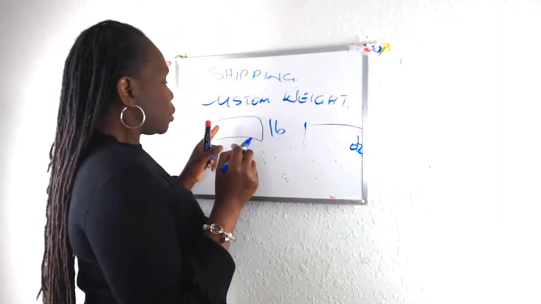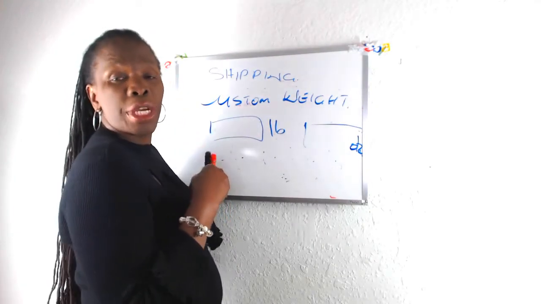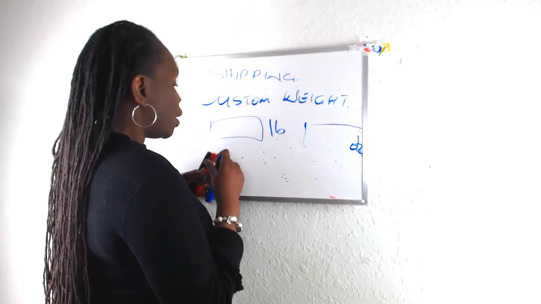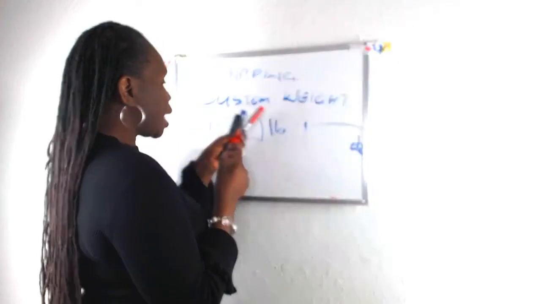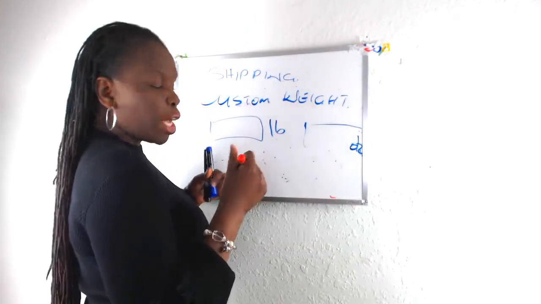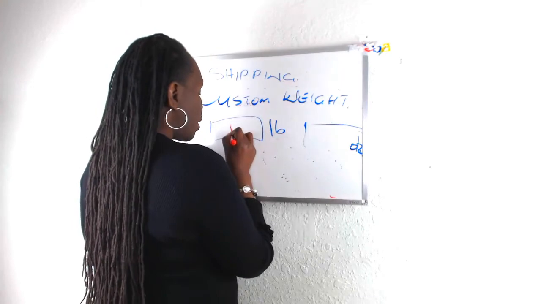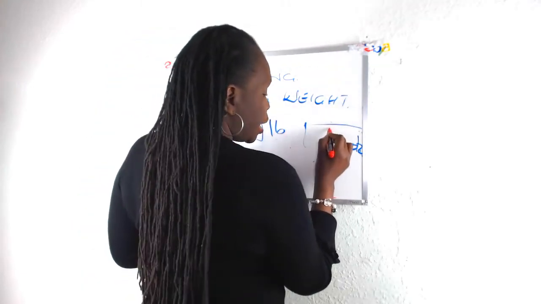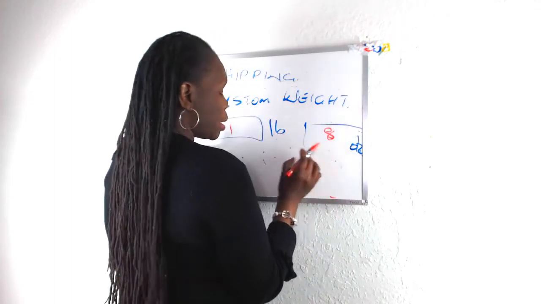As time goes on, you're going to get the hang of this. If it says custom weight, you put the actual weight of the item. So if your item weighs 1 pound and 8 ounces, you put 1 pound and 8 ounces.